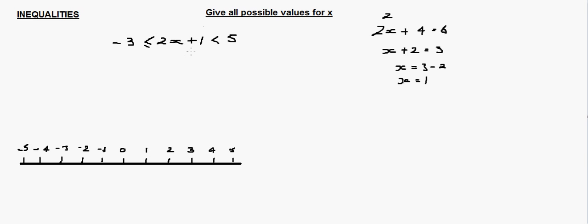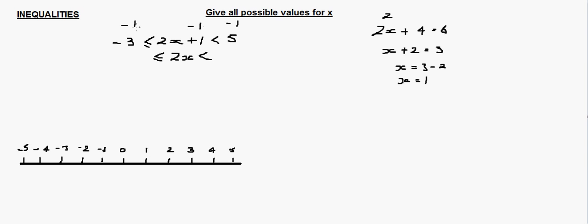Now because I've got plus 1, I'll add minus 1. Because 2x plus 1 minus 1 will just leave me the 2x. Okay, and the signs will always stay the same, these don't change. But I must go minus 1 all the way through this statement.